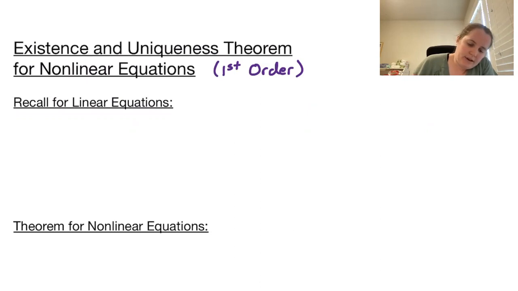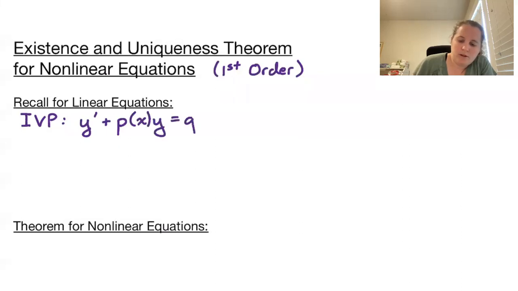So if we have the IVP, initial value problem, y prime plus p of x y is equal to g of x with the initial condition y of x naught is equal to y naught.